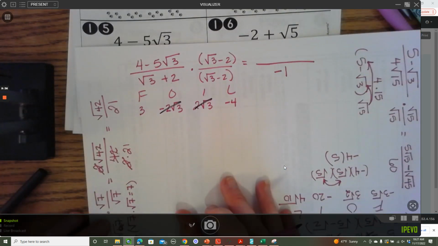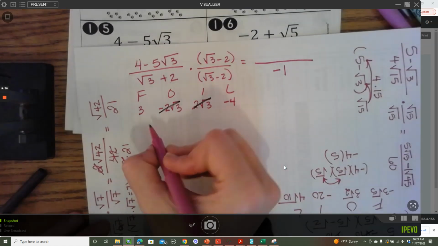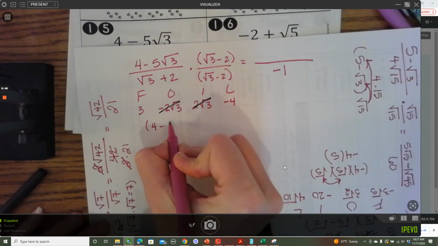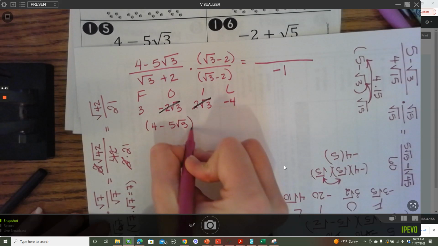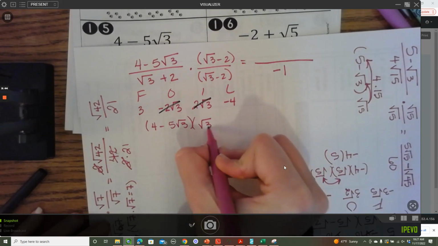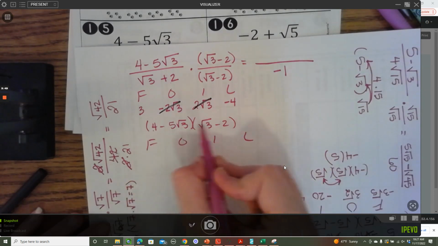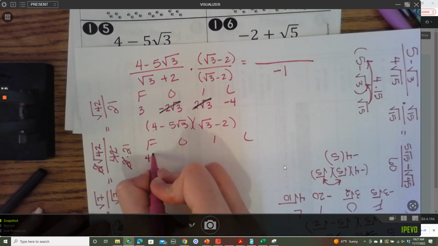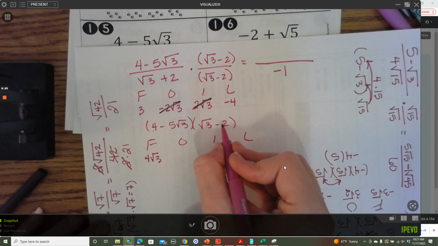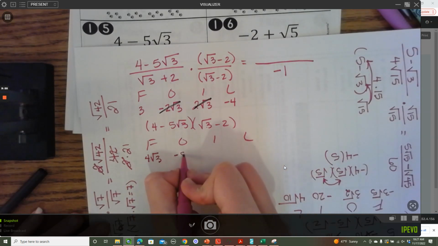All right, and we have to FOIL the top. 4 times square root of 3, smush them together. 4 times a negative 2, negative 8.